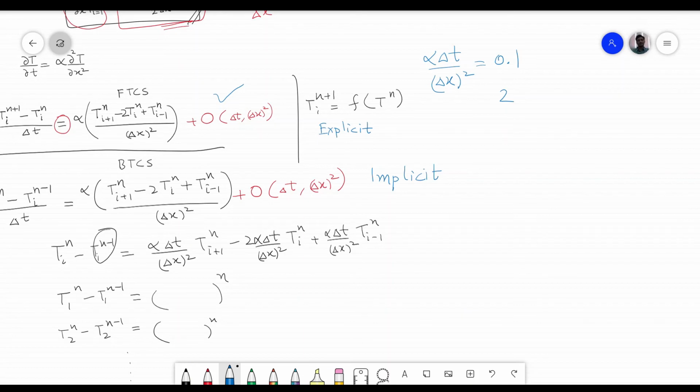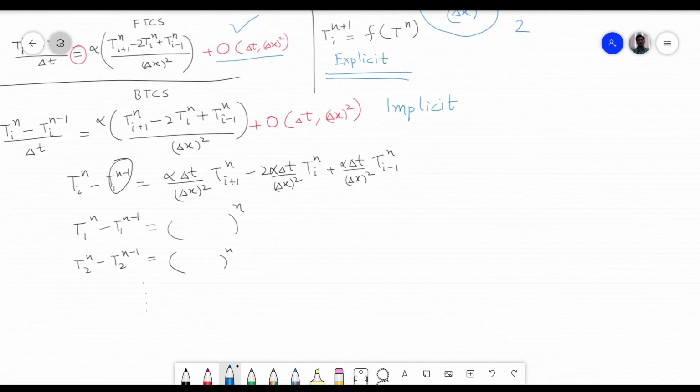Not this error in particular, it is the round off error of the machine itself that increases with every time step, and the solution is unstable. So it will give you some wrong result for the explicit approach if you don't have alpha delta t by delta x square less than a certain value, which we will derive later on.